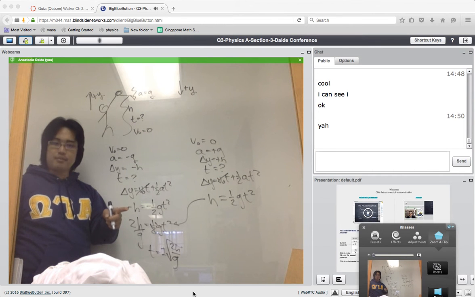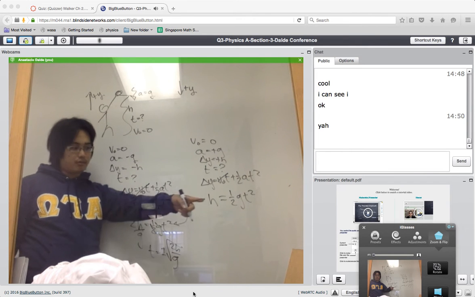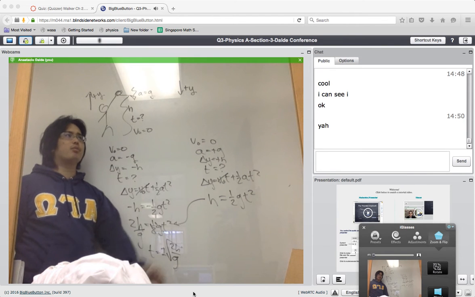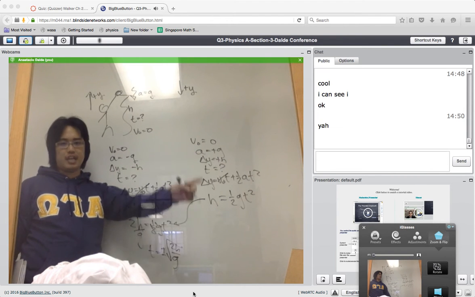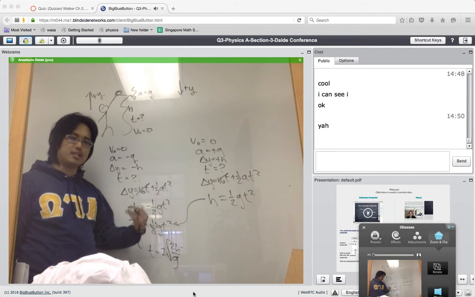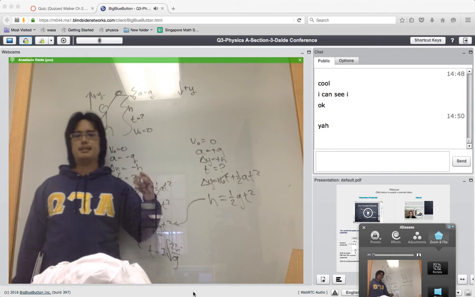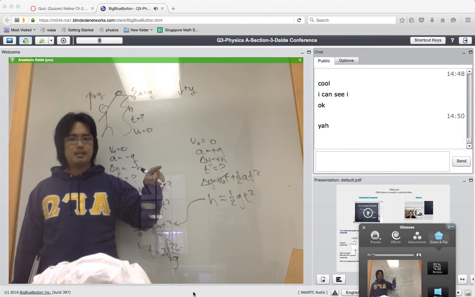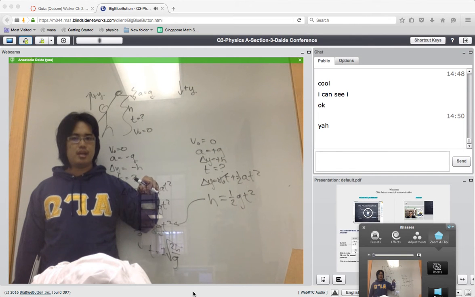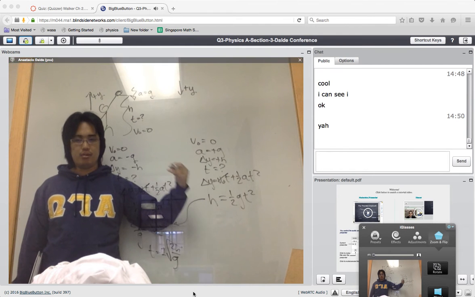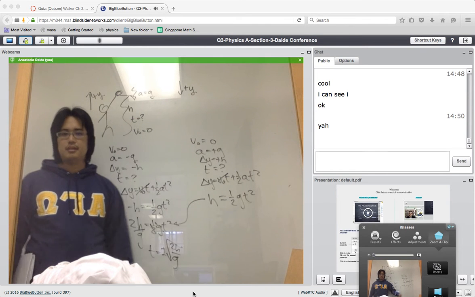Over here, I already got there, and I didn't have to worry about negative g and negative h and all of that. You see how the math corrected itself in the end. Basically, the idea is if you call up positive, you have two negatives that cancel each other out and make a positive. Whereas if you call down positive, you just start off with only positives. Does that make sense?